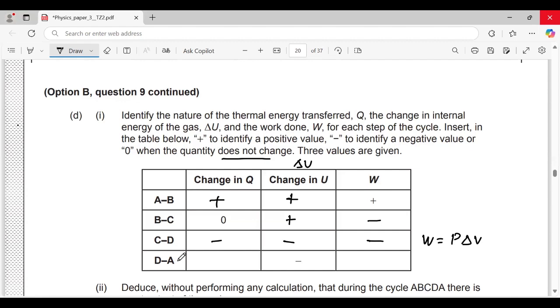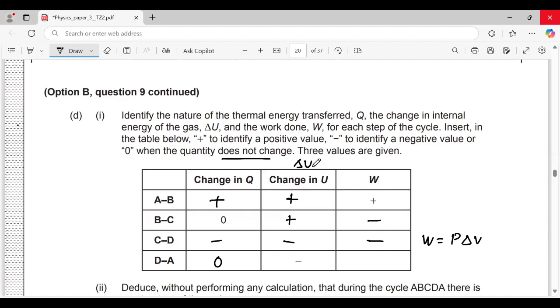Now, the fourth process, or the fourth column, is the adiabatic expansion from D to A. The first column, change in Q or thermal energy transfer Q. In an adiabatic process, no heat is exchanged with the surroundings. So it means Q will be zero because it does not change.